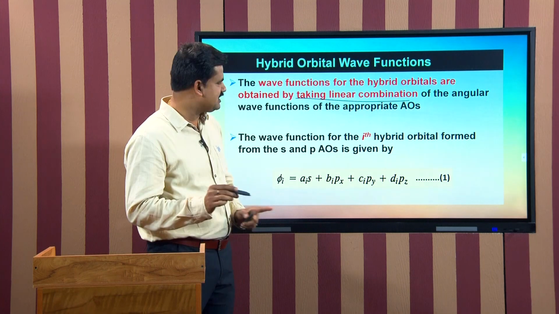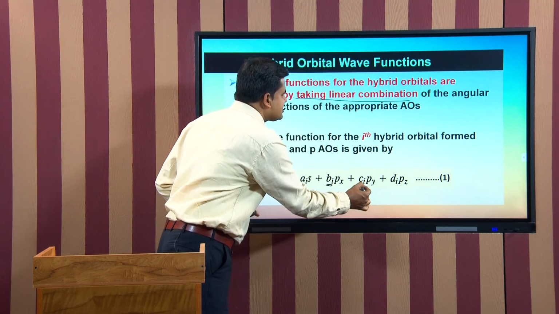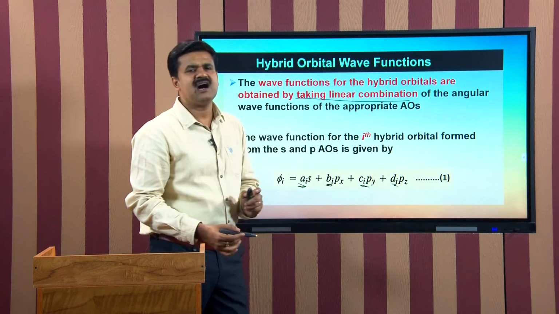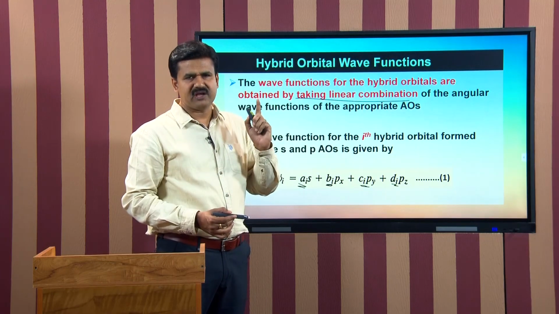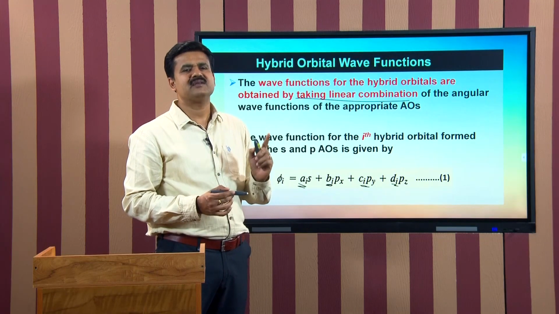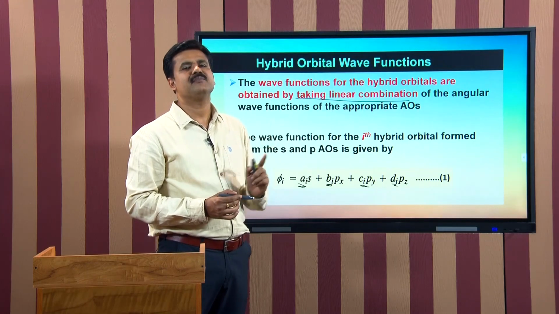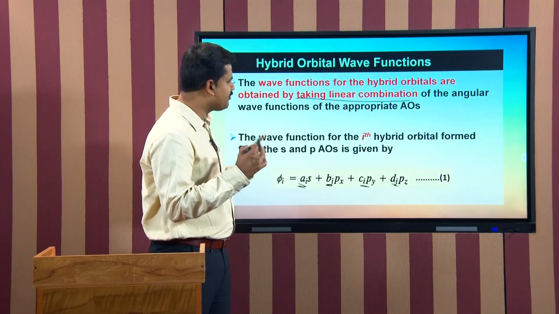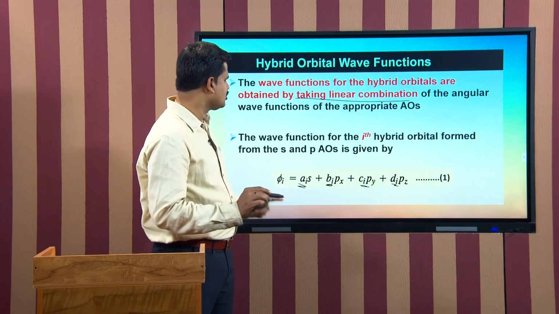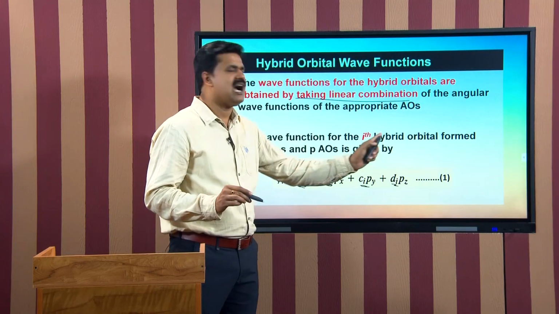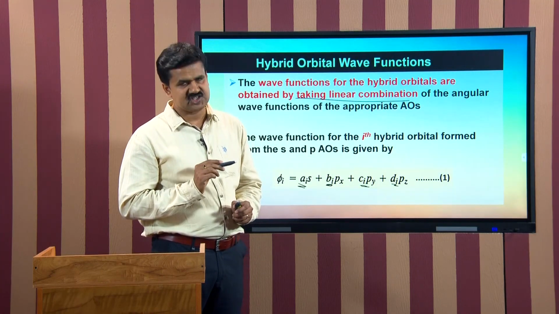It should be noted that the coefficients a_i, b_i, c_i, d_i are termed coefficients of atomic orbitals in the hybrid orbital wave functions, and quantum mechanics enables the calculation of these coefficients. Also s, px, py and pz represent the atomic orbital wave functions.